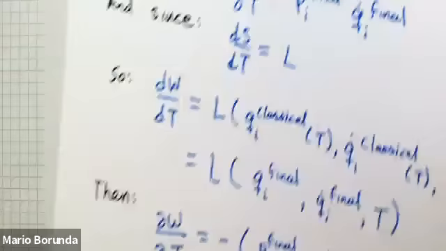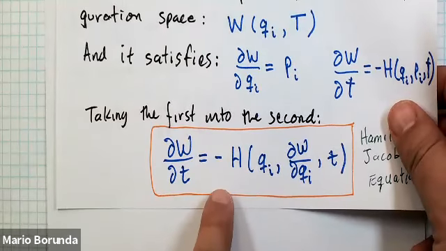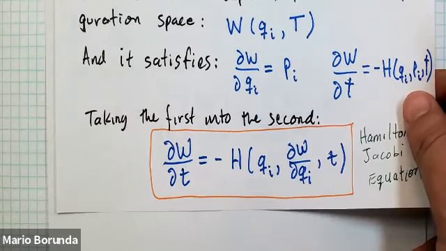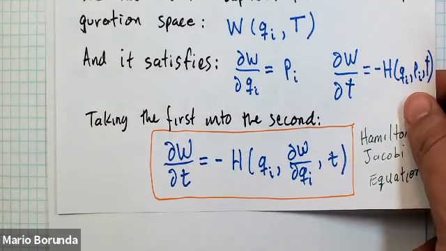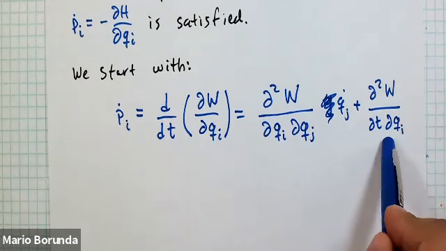And we have this salad. But if we look at this one right here, the Hamilton-Jacobi equation, if we differentiate this with respect to qi, we see how to write the second term.